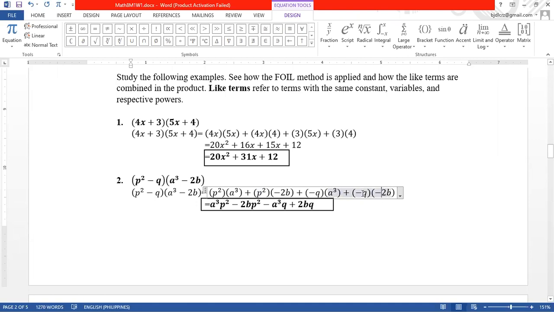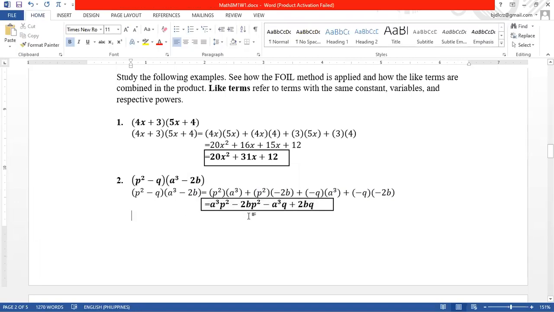Since they are both negative, the answer would be positive. So that would be 2BQ. So the final answer of this equation is A cubed P squared minus 2BP squared minus A cubed Q plus 2BQ.